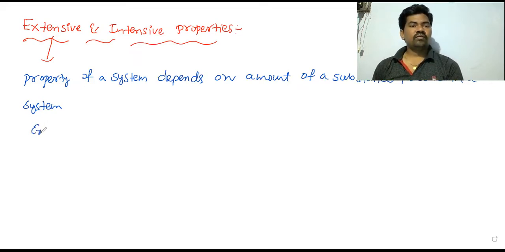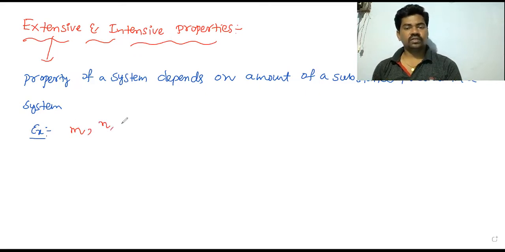What are the properties that depend upon the amount of a substance present in a system? Usually mass, which depends upon the amount of a system, so the quantity of matter will be changing. So mass depends upon the amount of a substance.